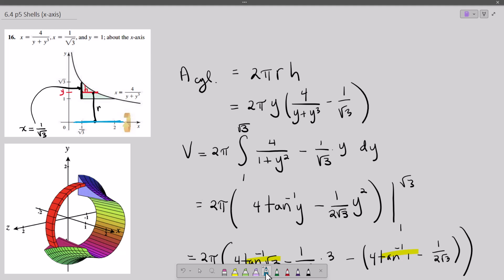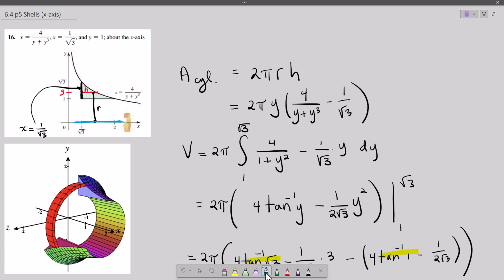When we look at this, the lower y value is 0. The upper y value is whatever comes over to here, and it's a variable, right? It depends on where you drew your element. If you drew your element here, that would have a different y coordinate than if you drew it here. And so that y value represents a number between 1 and root 3. And so the integration takes care of all of the y values between 1 and root 3.